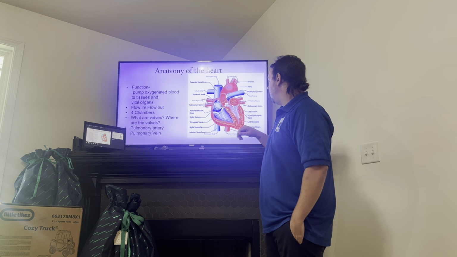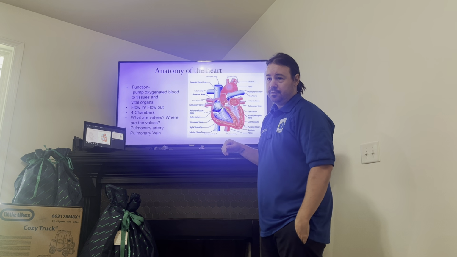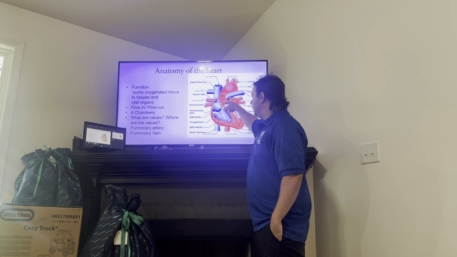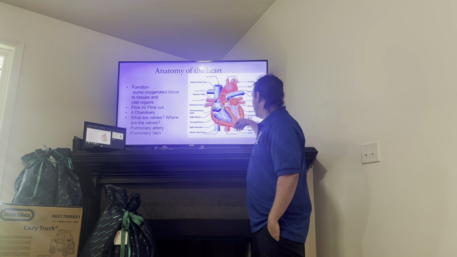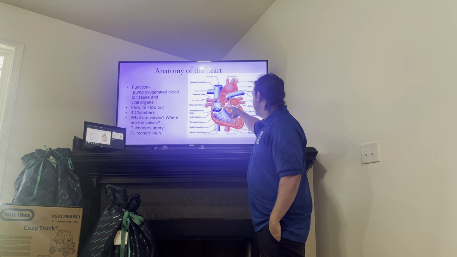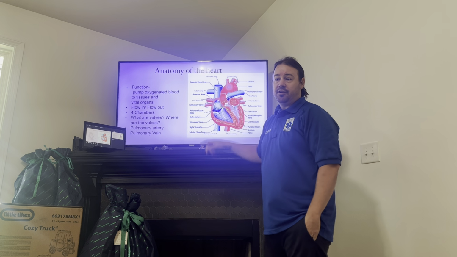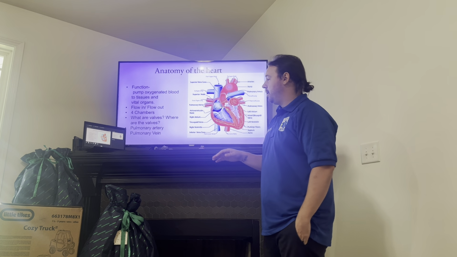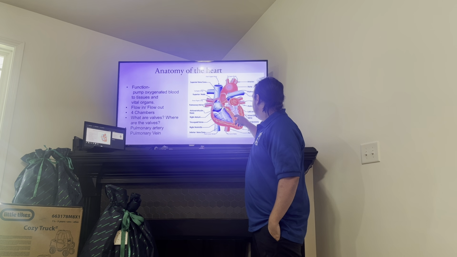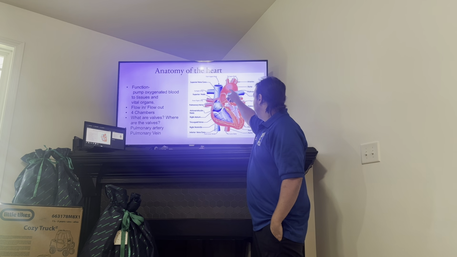There is also a pulmonary valve, which you'll see off of the right atrium going into the pulmonary artery, as well as the pulmonary vein, where it comes into the left atrium with oxygenated blood. There's a pulmonary valve there as well. And then there's also a major valve going from your left ventricle into the aorta.